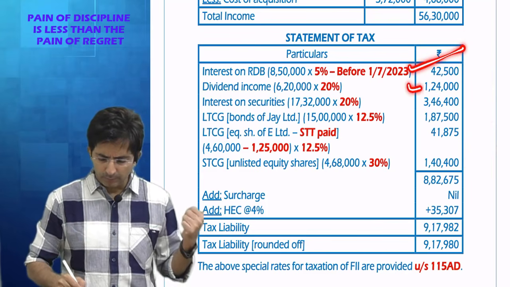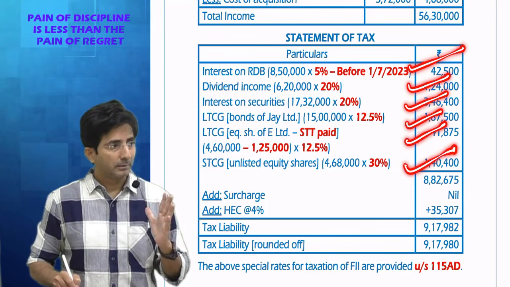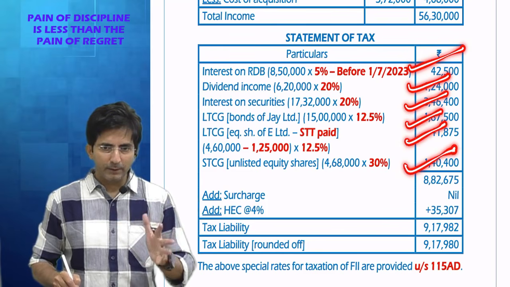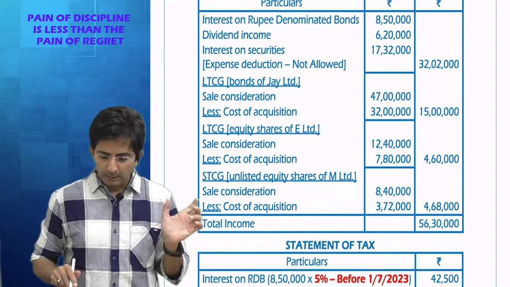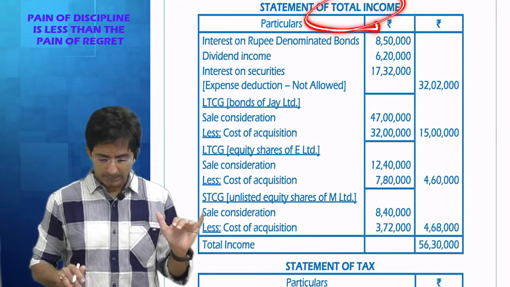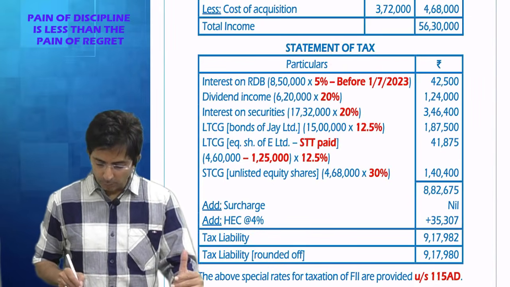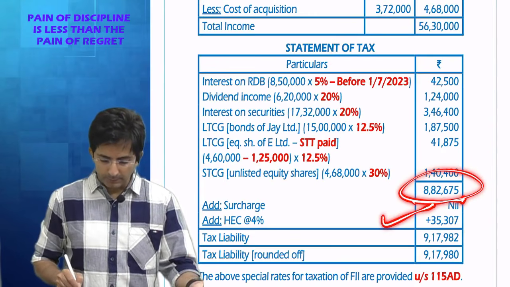You will find 6 taxes, because there are 6 incomes in the question, all having different rates. So 6 taxes are calculated. In this statement we have written the 6 incomes, and in this statement the 6 taxes, and the total of taxes is this much. Surcharge will not come, health and education cess will come.